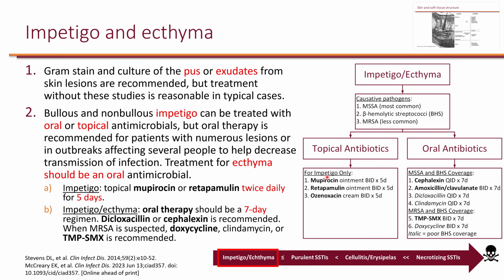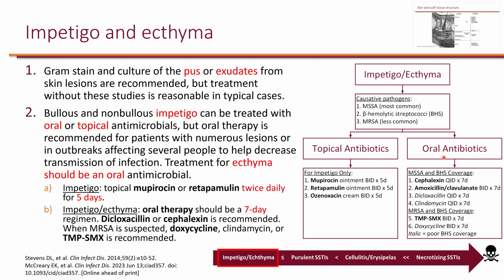With impetigo, because it can be in the epidermis only, we can use topical agents. These are ointments and creams that patients can apply to the area, and that's best because it goes to the site of infection and doesn't cause collateral damage, for example, affecting the gut microbiome. Now, with ecthyma, because it goes to the dermis layer, oral antibiotics are recommended.